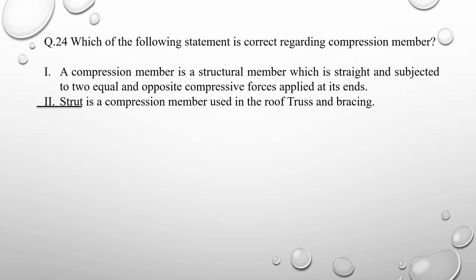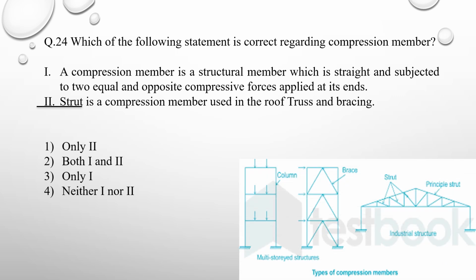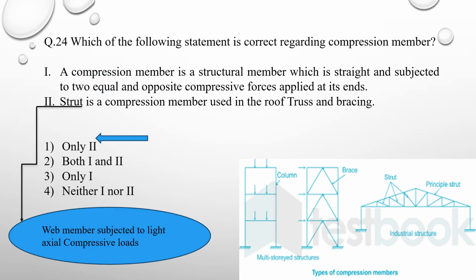Second is also correct. Here the answer is first and second both are correct, so option number 2 is correct. In this figure, these are the struts and compression members in the roof truss and bracings. Struts are web members which are subjected to light axial compressive loads.